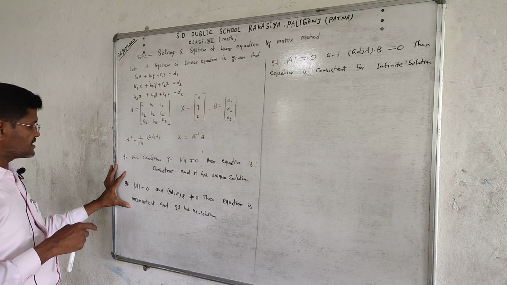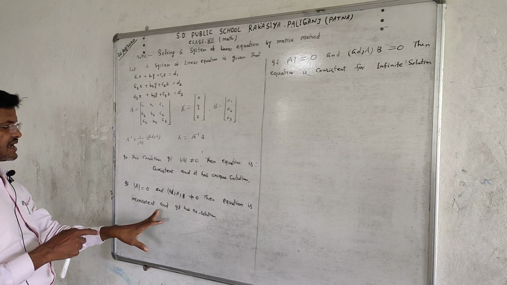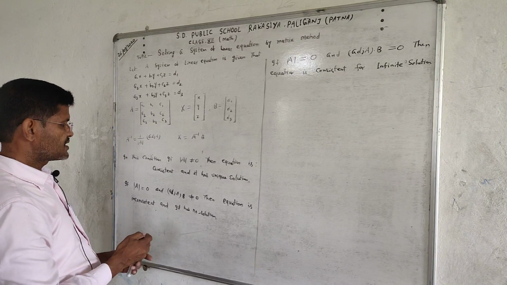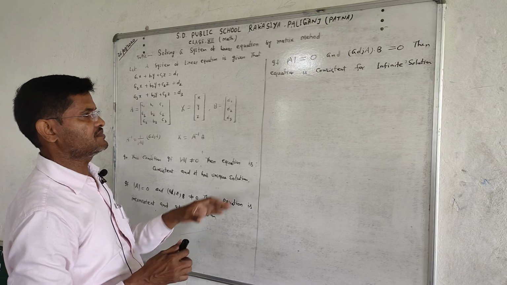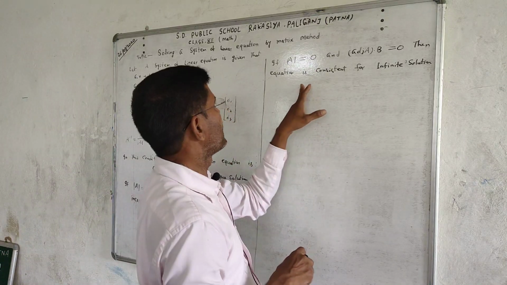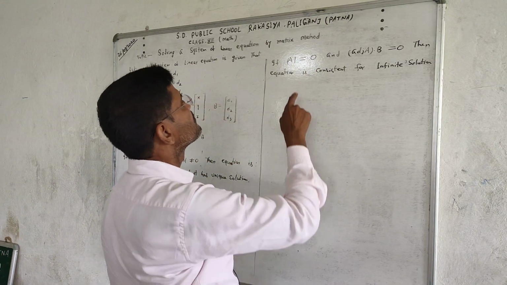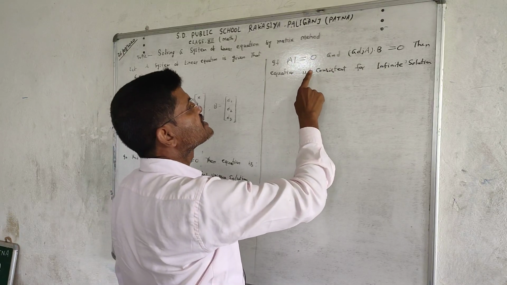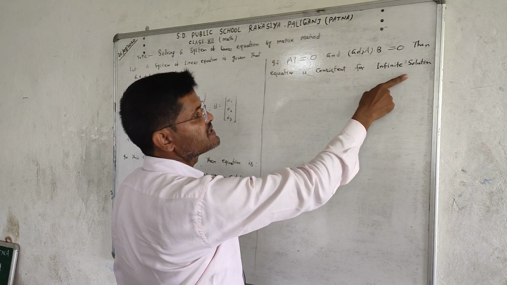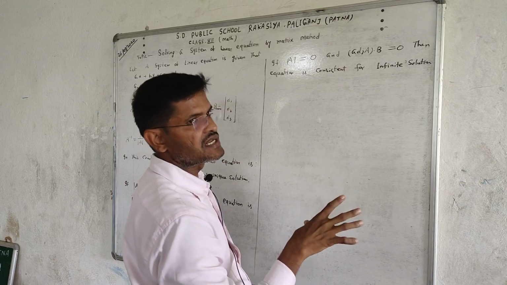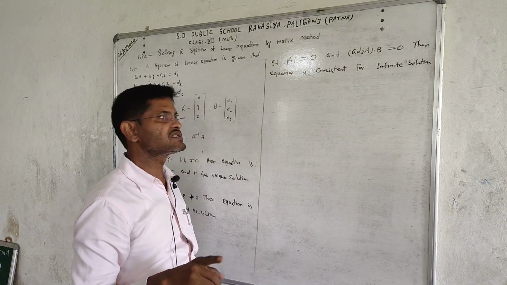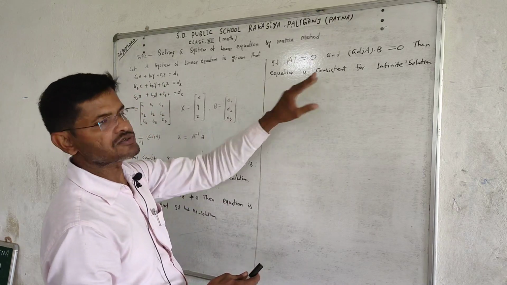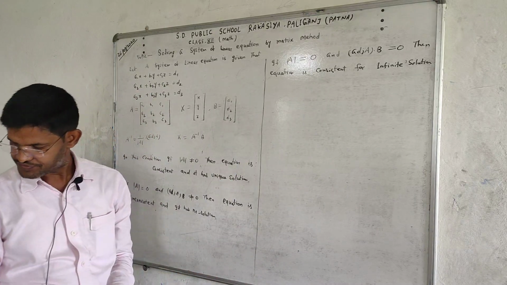In the inconsistent situation, the equation has no solution. And in this situation, the equation is consistent with infinitely many solutions. This means x, y and z each have infinitely many solutions.